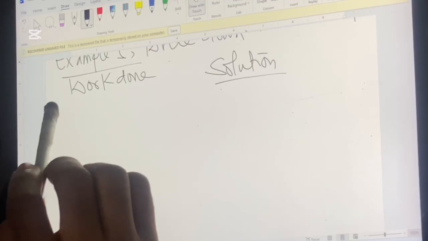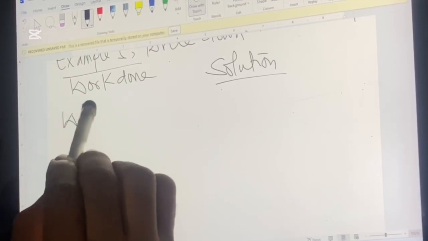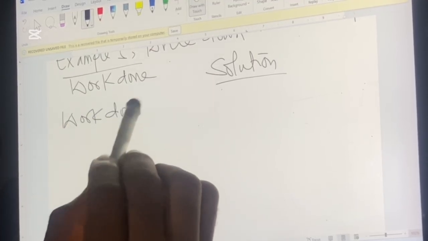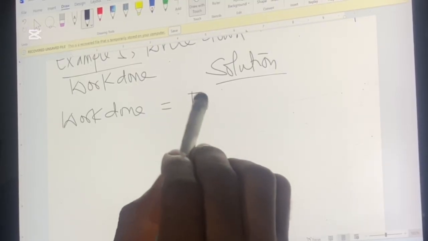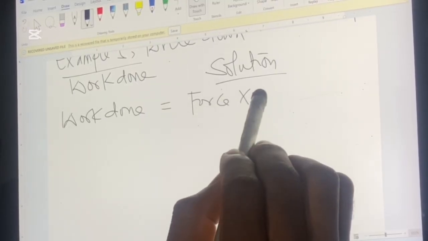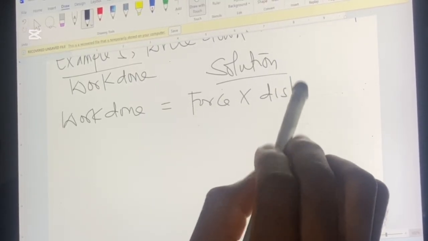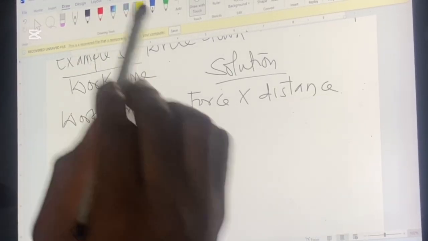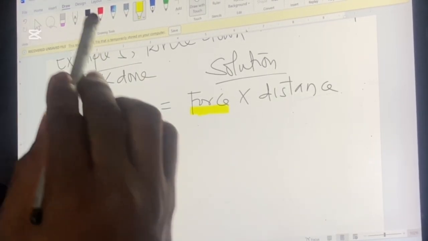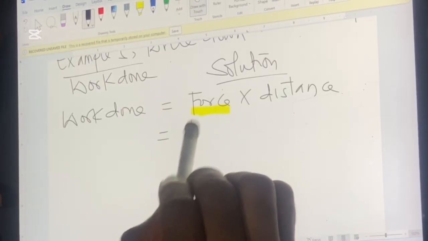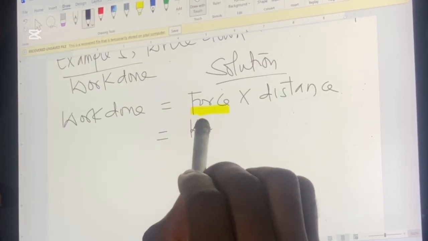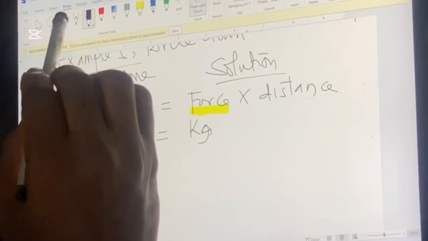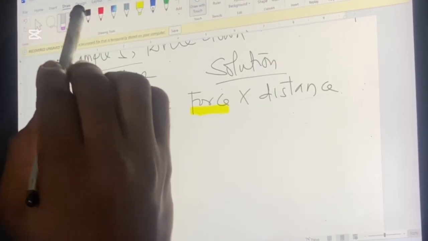So the formula for work done is equal to force times distance. We know the unit of force already, so replace the unit here.